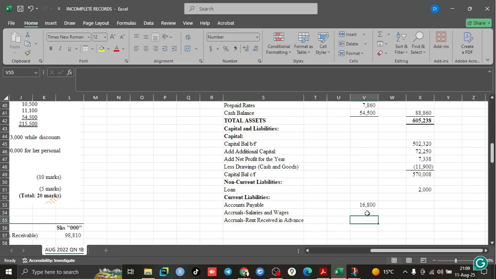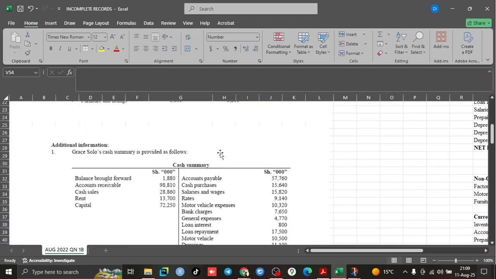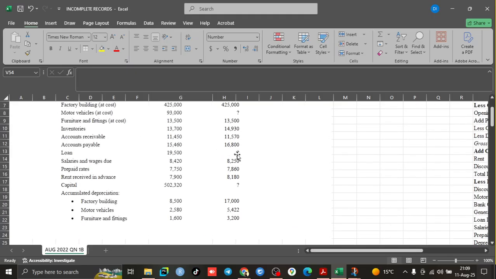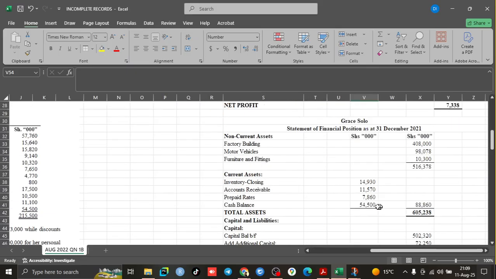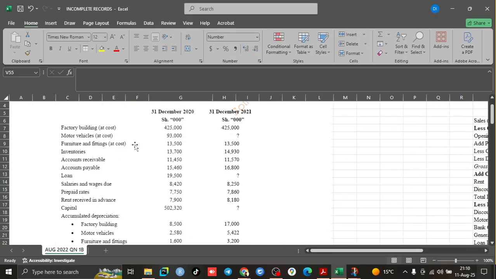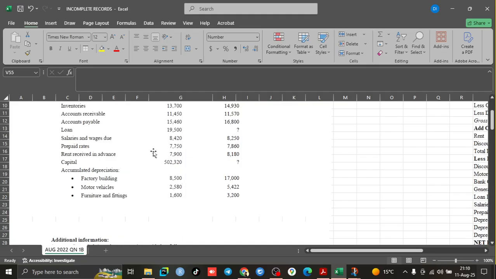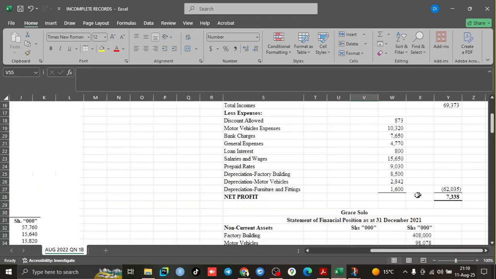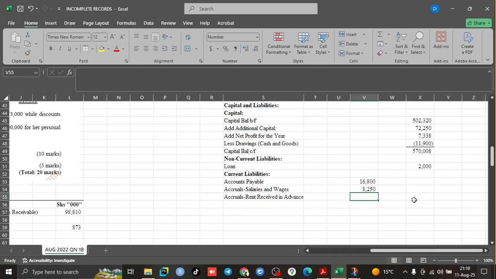Salaries and wages accrued is the carry forward, of course: salaries and wages due 82.50. Then accruals of rent received in advance is 81.80. There is nothing else.